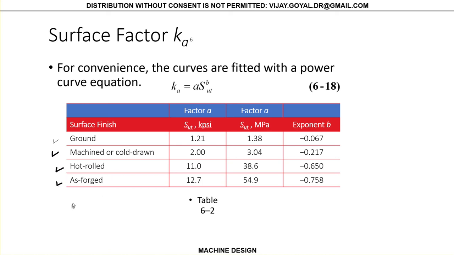If it's machine polished, then your ka is actually equal to 1.0. Otherwise, you just apply these factors here, so your new factor a would be a times Sut to the power b. These two will come from this table. Okay, so this is your first factor.